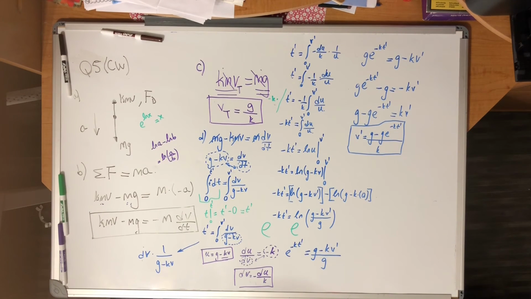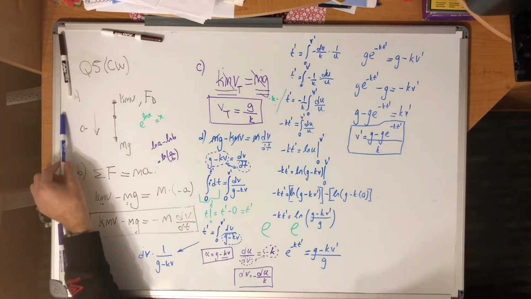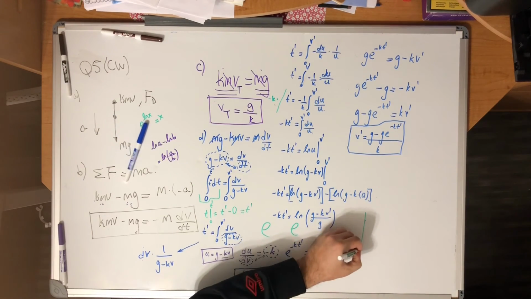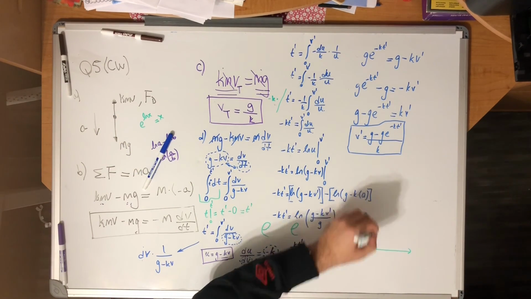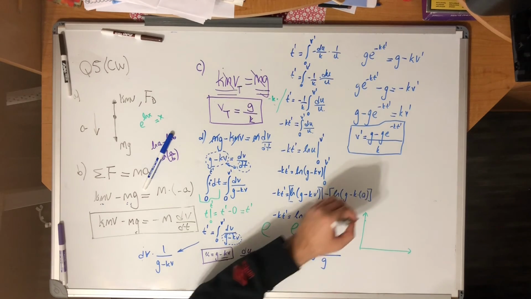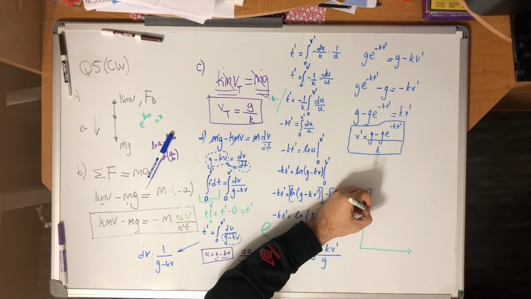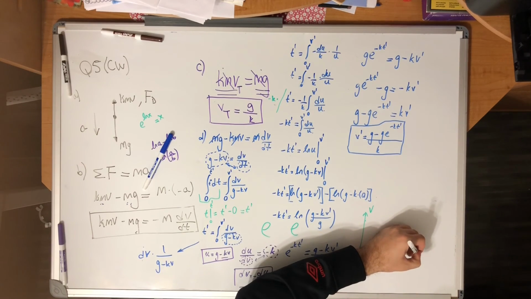All right, now in the last part, they ask you to draw a terminal velocity function. So what's going to happen? Your velocity as a function of time. So that is v, this is t.